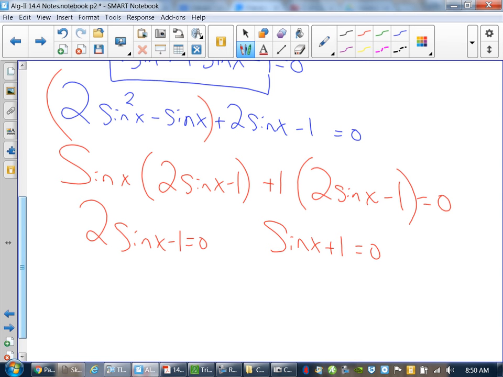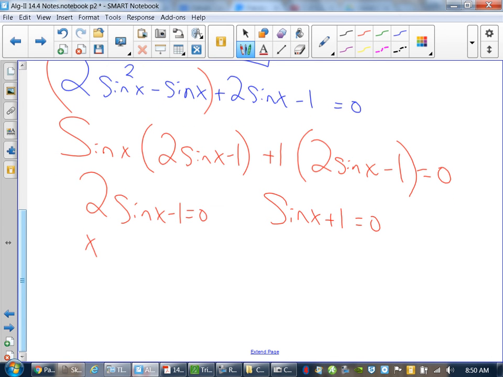So what angle has a sine value of 1/2? This is the first one. Do I have to show all my work to you guys about what I did there? I'm assuming we can add 1, divide by 2, and rewrite, and we'll be okay. So sine being positive, that's automatically going to be my first quadrant. It's also going to be my second quadrant.